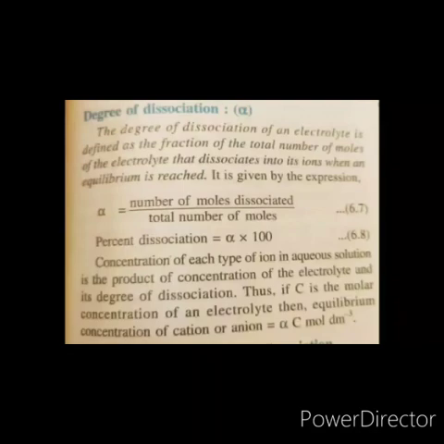The percent dissociation is alpha times 100. The concentration of each type of ion in aqueous solution is the product of the concentration of the electrolyte and its degree of dissociation. Thus, if C is the molar concentration of an electrolyte, then the equilibrium concentration of cation or anion is equal to alpha times C.